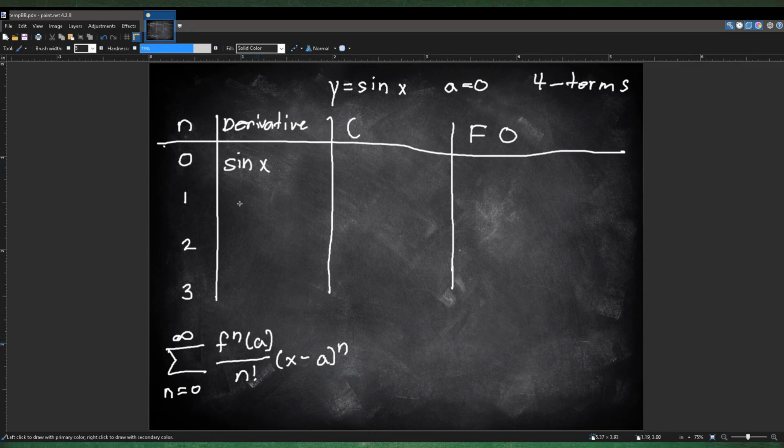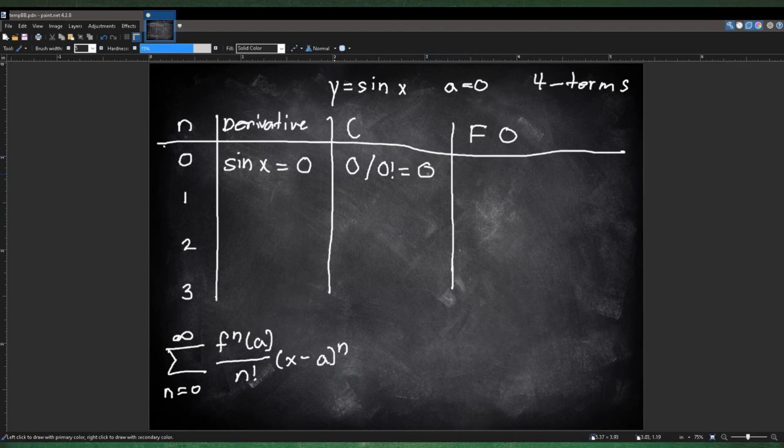And we notice that a is 0. So sine of 0 is equal to 0, right? And then we have 0 divided by n factorial, where n is 0. So 0 divided by 0 factorial: 0 factorial is just 1, and 0 divided by 1 is just 0.